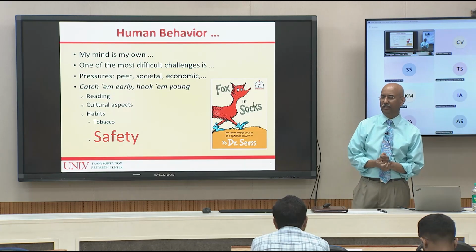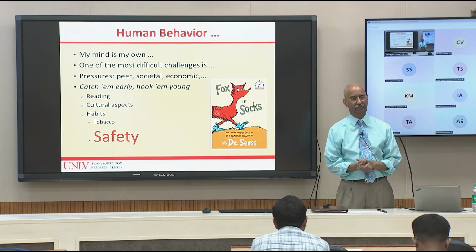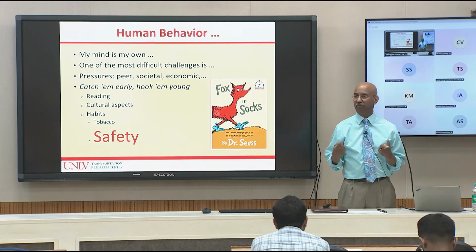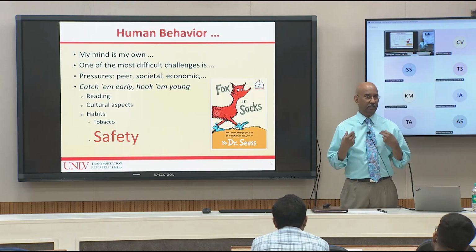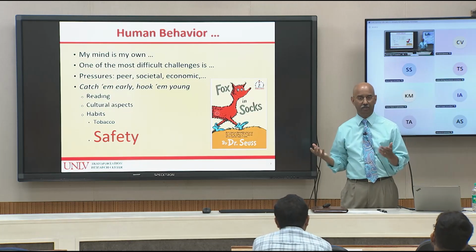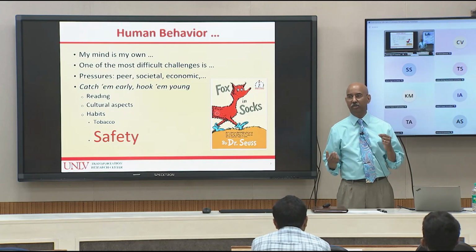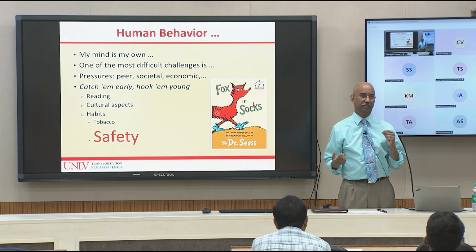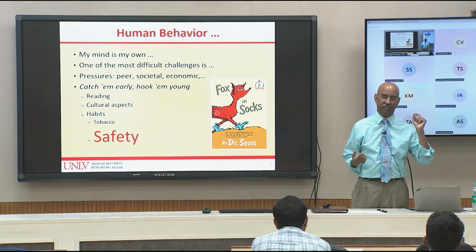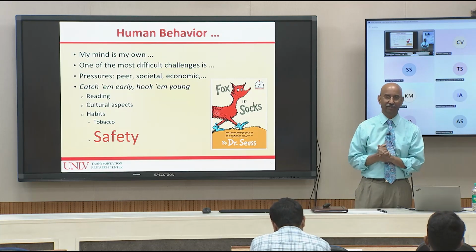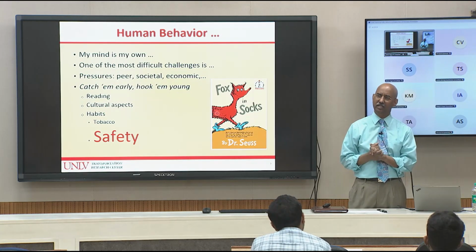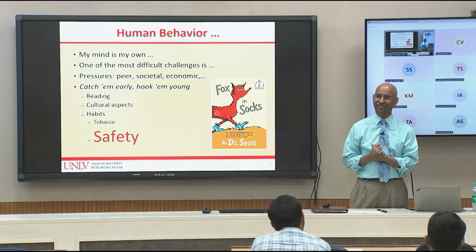I mentioned earlier, I think it was yesterday or maybe the first day, that when each of us sets out on a trip, we as individuals, or if we are traveling in a group, are setting out on that trip with the expectation that we will safely reach our destination. Nobody is setting out on a trip thinking that there's an 80% chance that I will get there safely, or 90% or 99%.